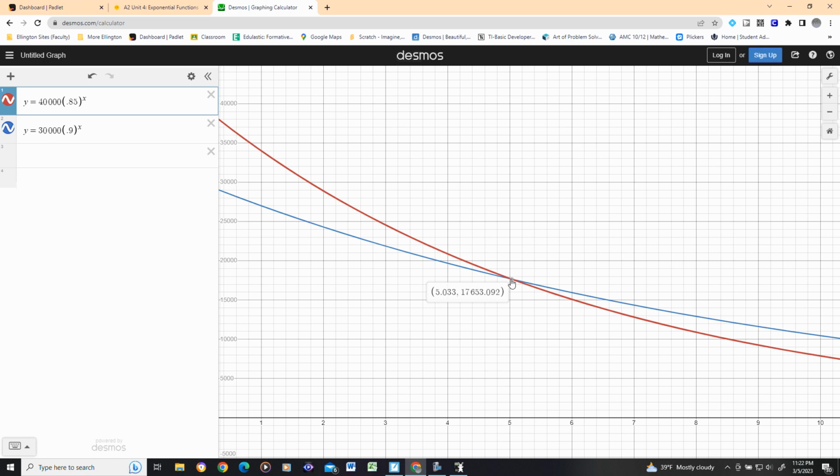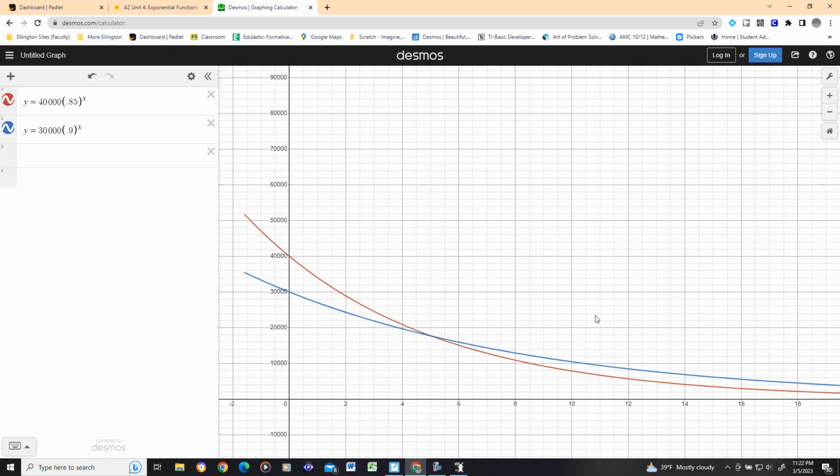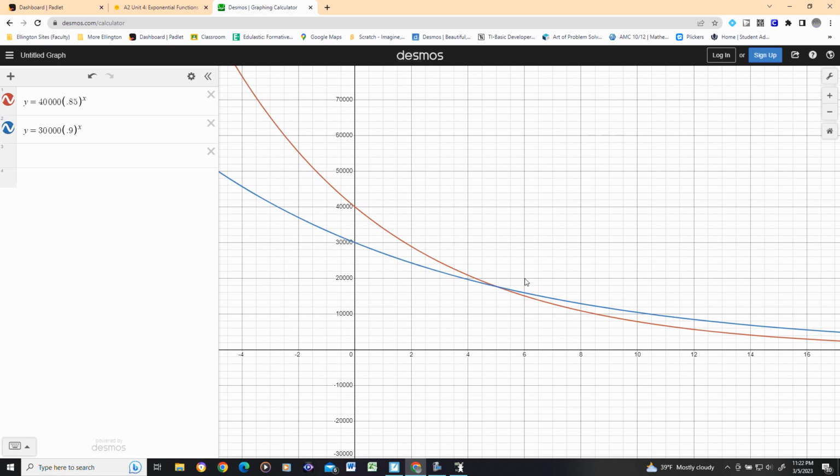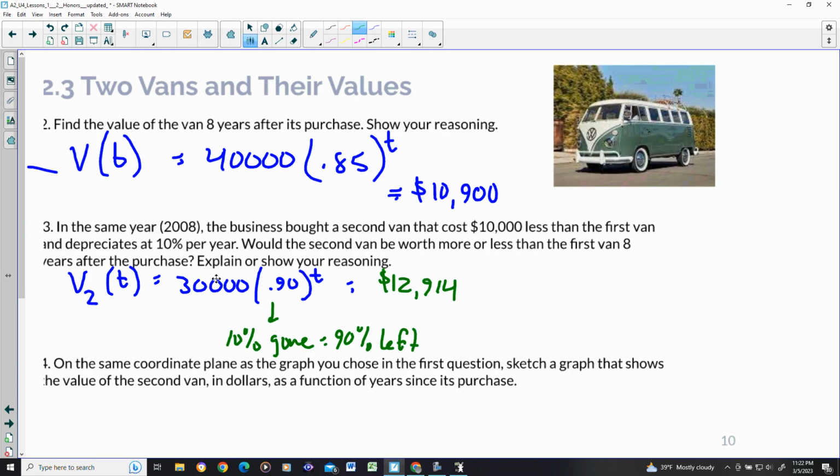And it looks like just past 5 years, the first van's value drops below that of the second van. And will always remain that way. They will continue forever, the second van being worth more after 5 years. Okay, so that's probably going to answer a few questions here.